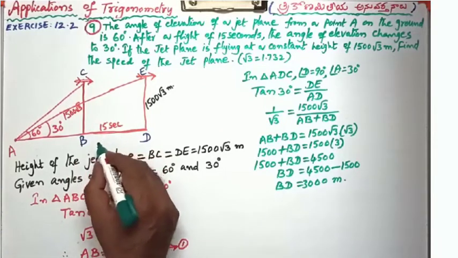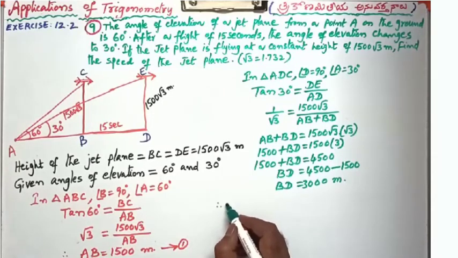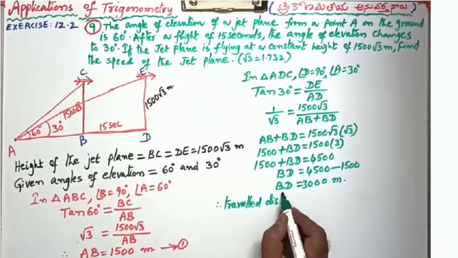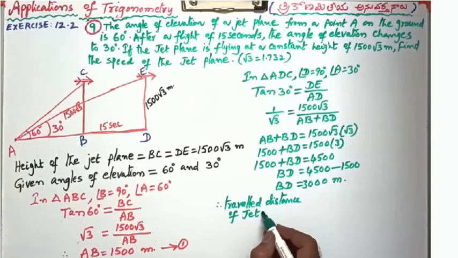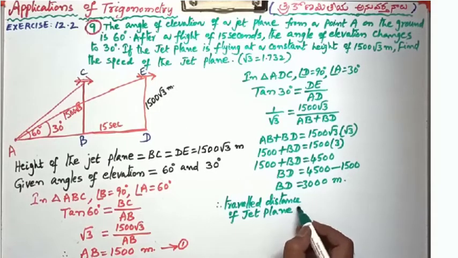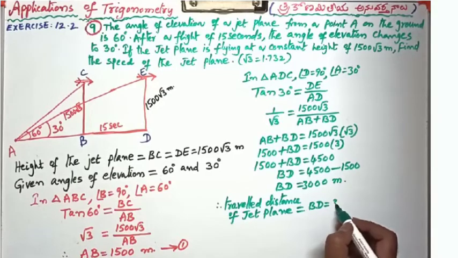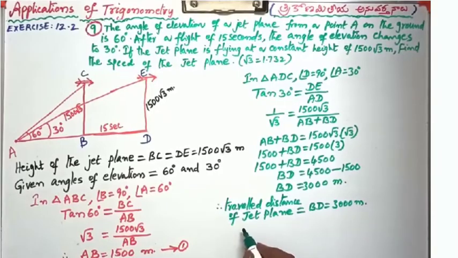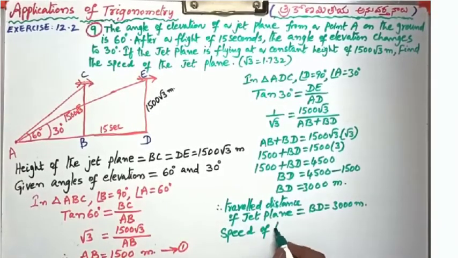So here we know the BD value. Therefore the distance traveled by the jet plane is equal to BD, that equals 3000 meters. Now find the speed of the jet plane.